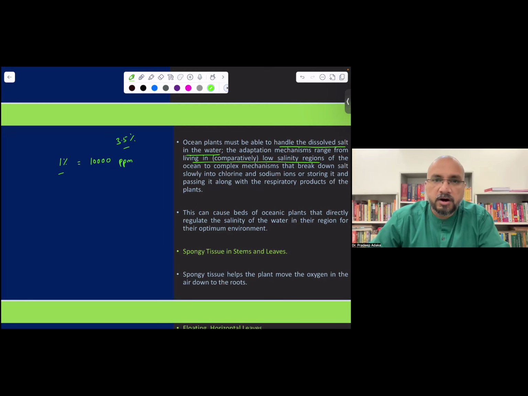There they can grow, or they adapt in a certain way that even though they absorb more salt, they have some mechanism to break the salt without harming themselves.